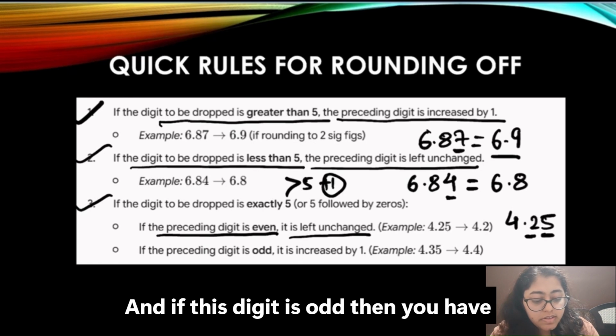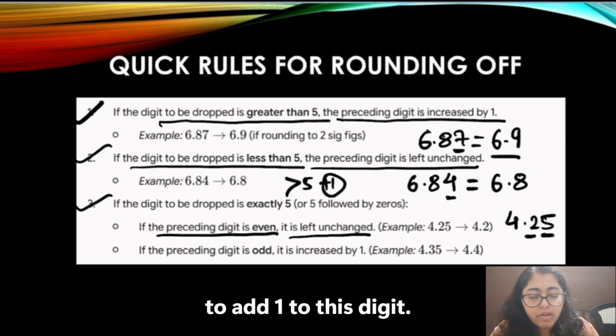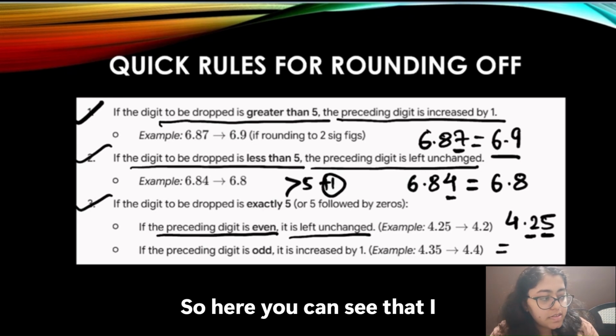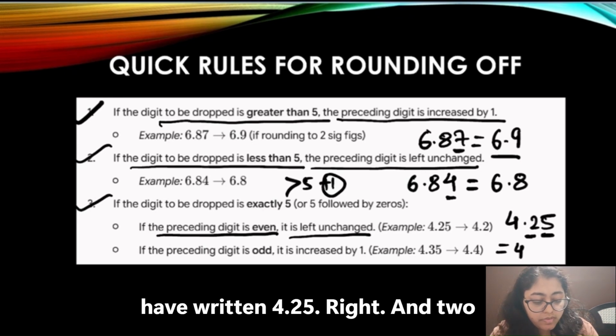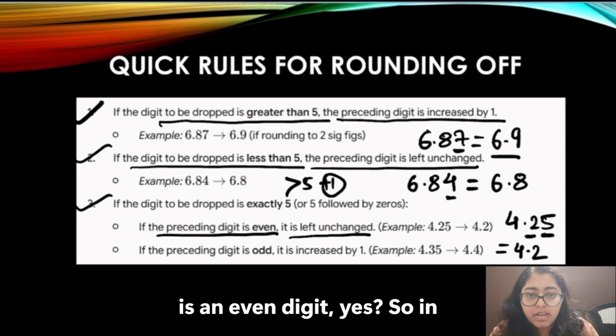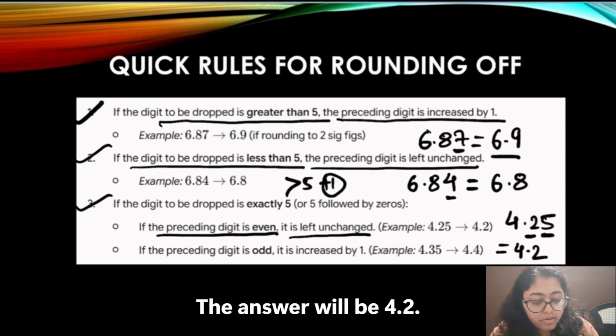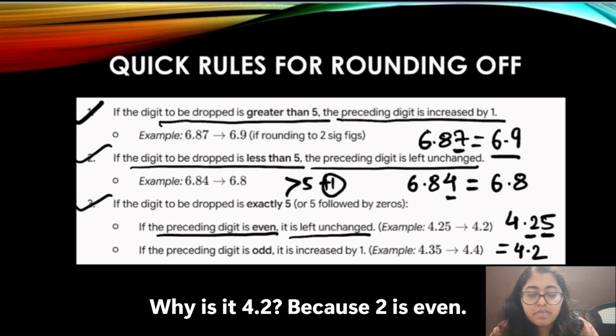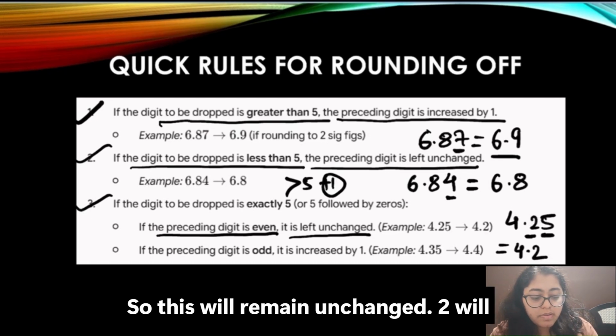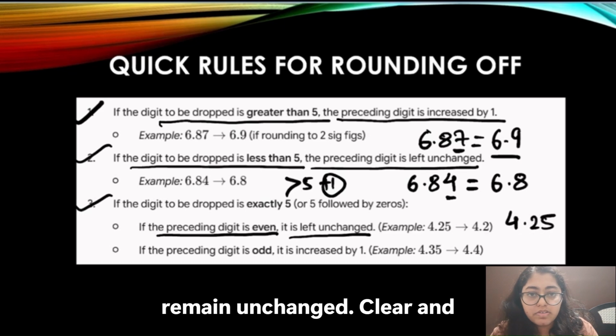And if this digit is odd, then you have to add 1 to this digit. So here you can see that I have written 4.25, right? And 2 is an even digit. So in this case, the answer will be 4.2. Why is it 4.2? Because 2 is even, so it will remain unchanged. Clear?